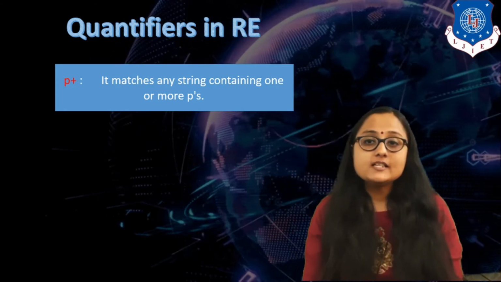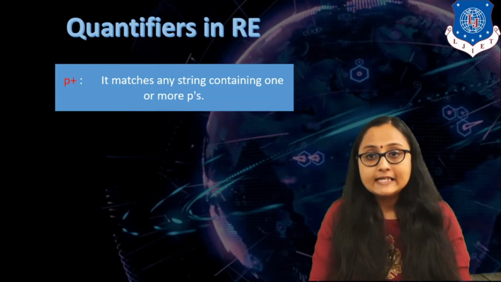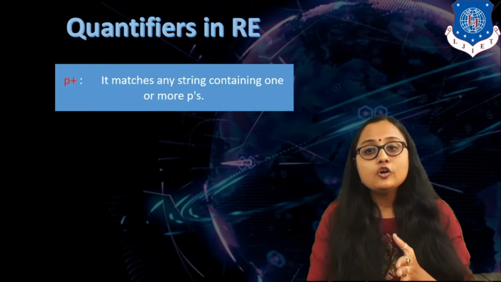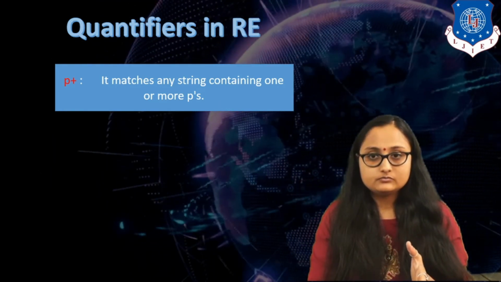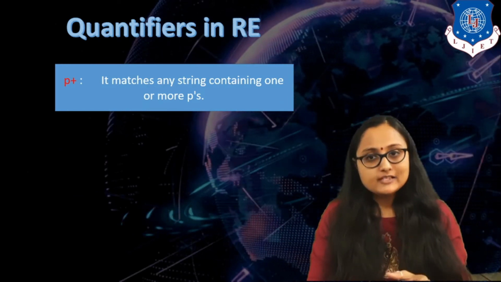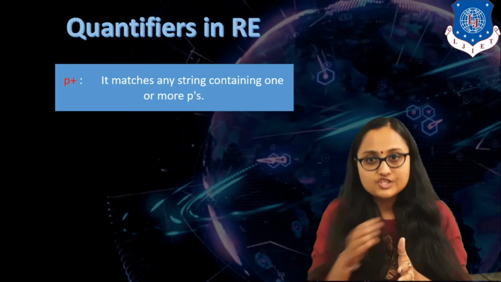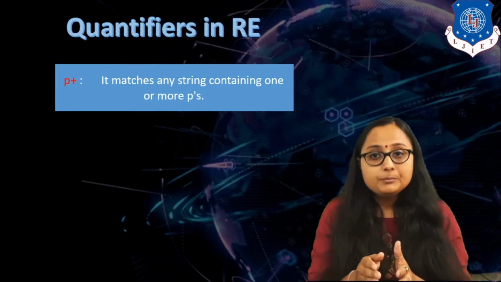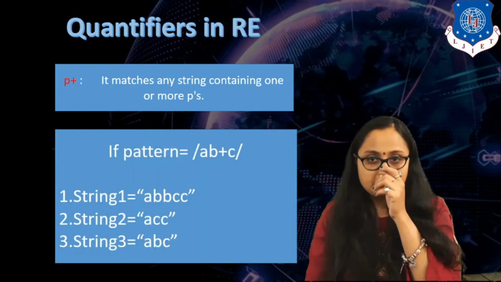The plus quantifier indicates the quantity of the character immediately preceding it. So if the character is p, it indicates that in your string, p should be repeated one or more times.